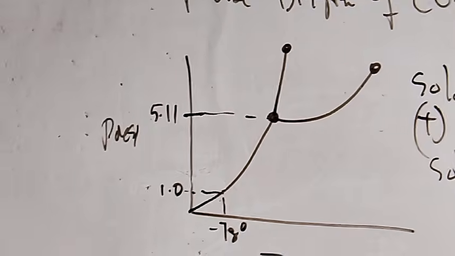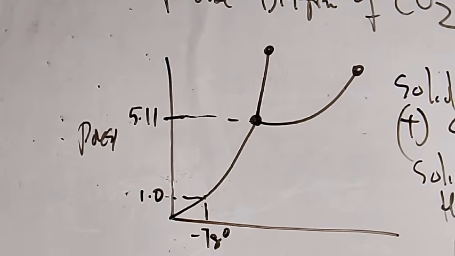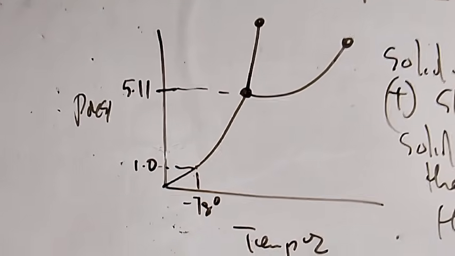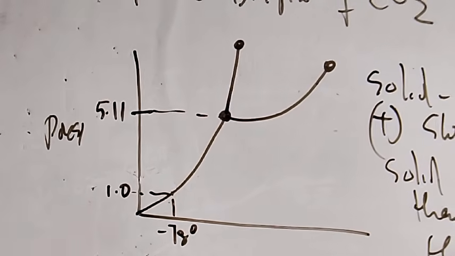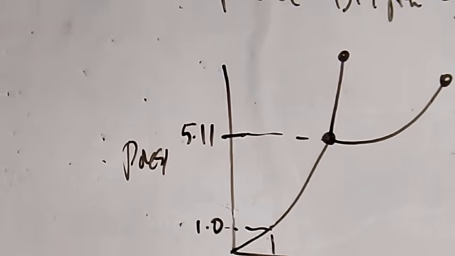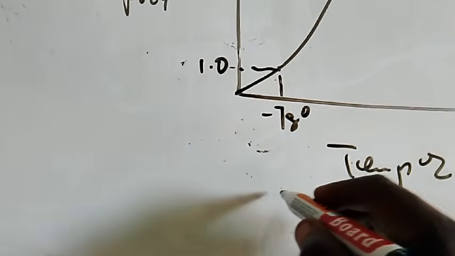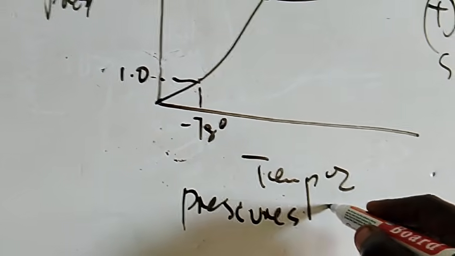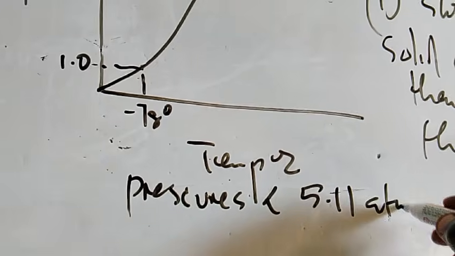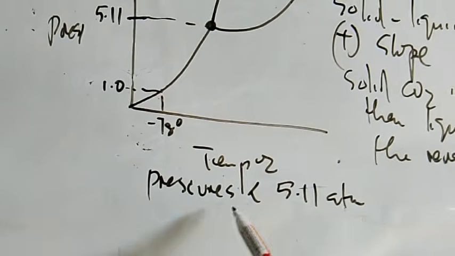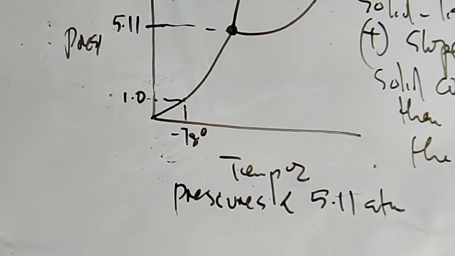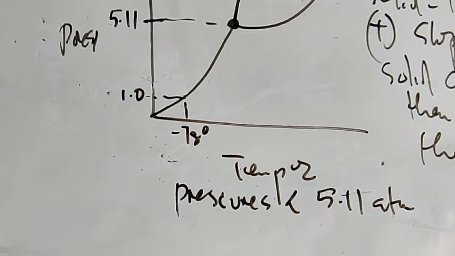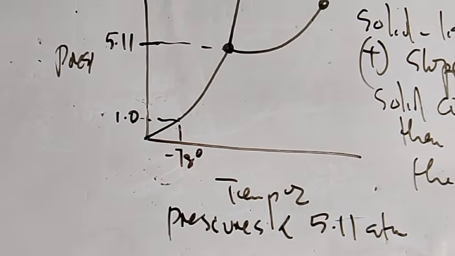For carbon dioxide it is well above atmospheric pressure. So it is impossible to get liquid carbon dioxide at pressures less than 5.11 atmospheres.